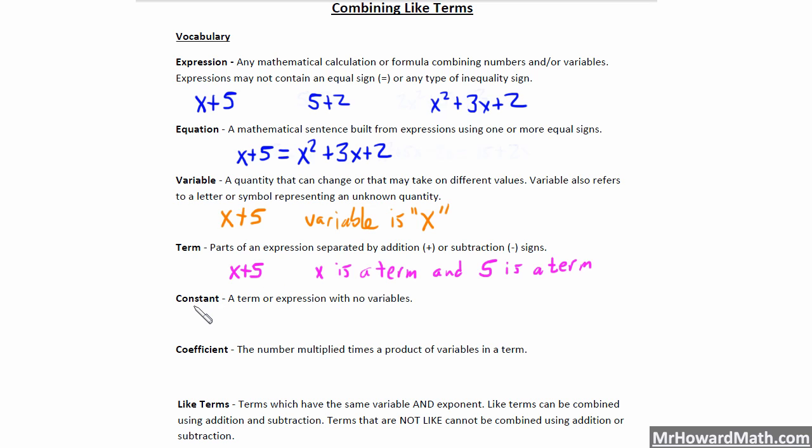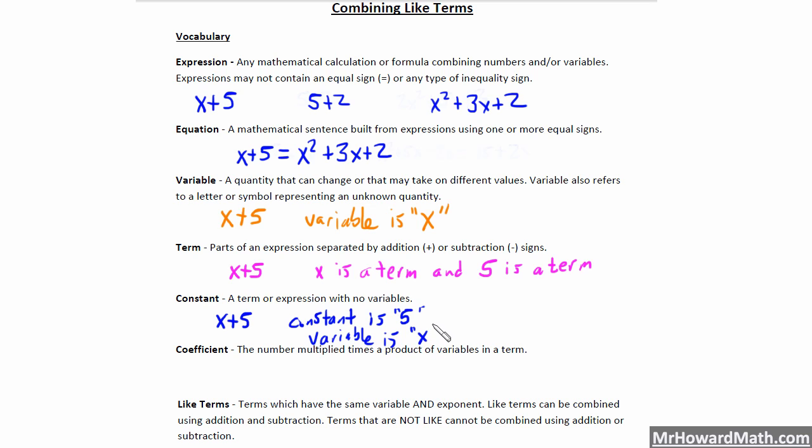All right, next, a constant. A constant is a term or expression with no variables. Okay, a term or expression with no variables. So if we write x plus 5, x is a variable and 5 is a constant. So the constant is 5 in this case, and the variable is x.